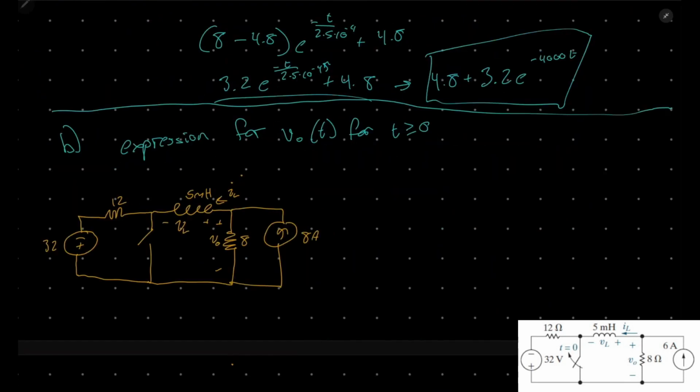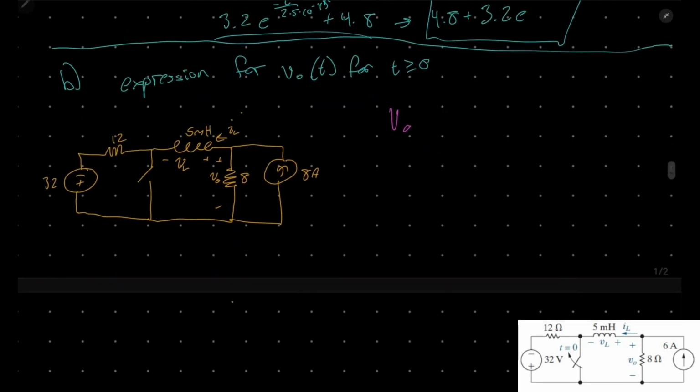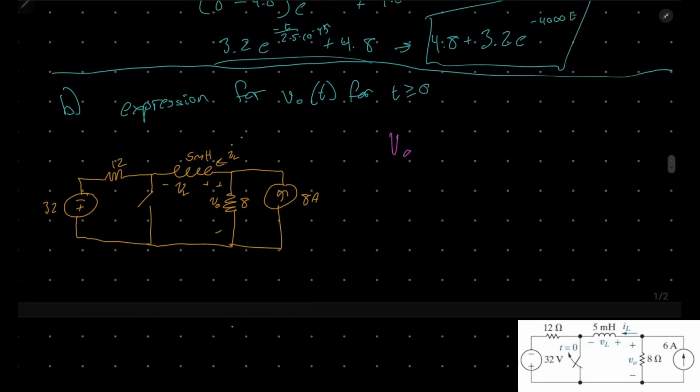So now for the next part, we are going to find the expression for v naught of t for t greater than 0. Now we are going to follow the exact same steps we did before to find the current expression. So first, we need to find v naught, or initial v, and to do this is quite simple.